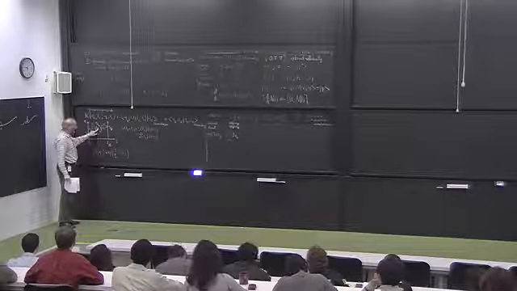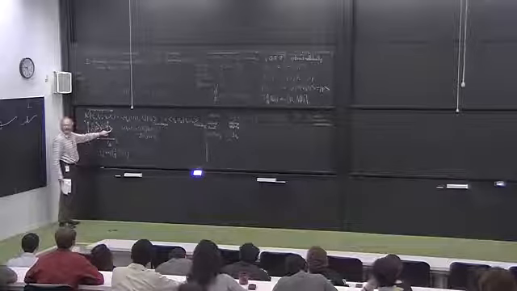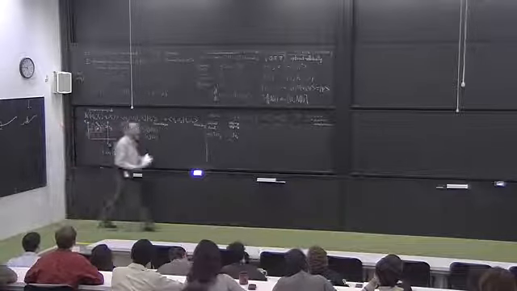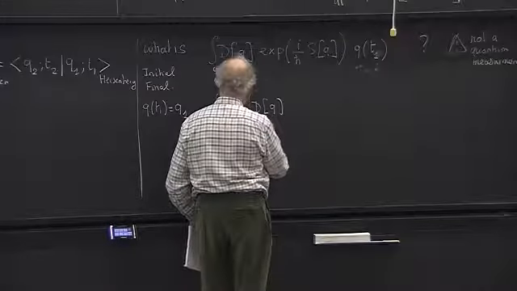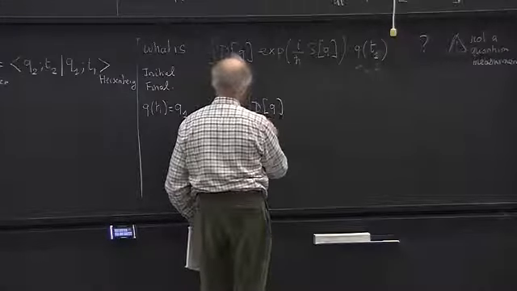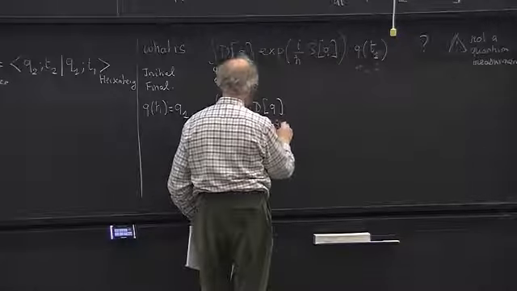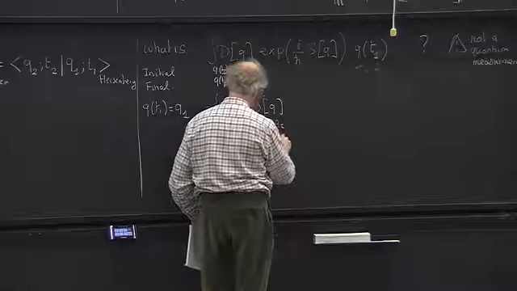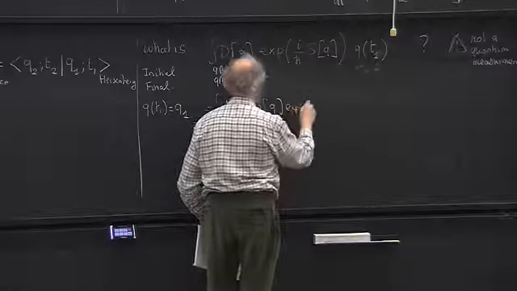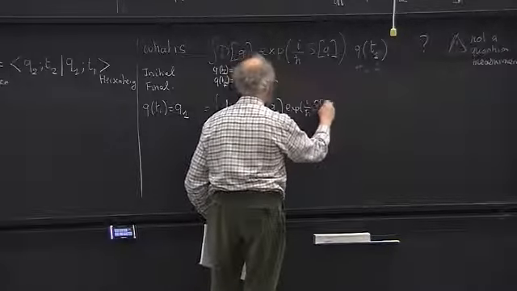Times all the paths that go from q1 to qf. So I rewrite this simply as the integral over all the q's such that q at time t initial is q initial and q at time t1 is called q1, exponential of i over h bar S of q.